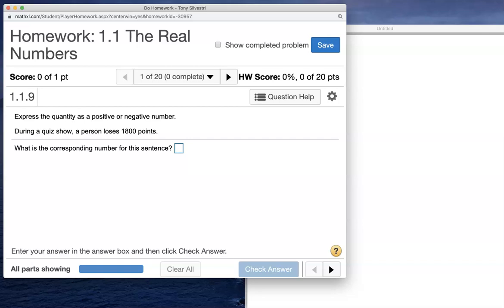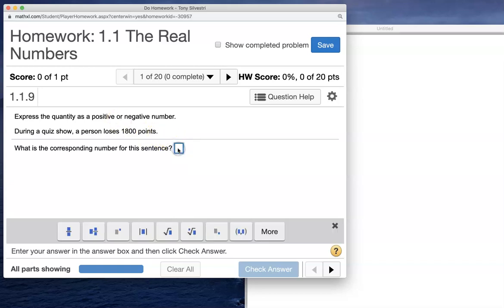We're going to take a look at this problem here and express this quantity as a positive or negative number. You're on a quiz show, Jeopardy, and a person loses 1,800 points. I would say that's a pretty negative number. When you lose something like that, it is negative. So I would represent that 1,800 as a negative 1,800.